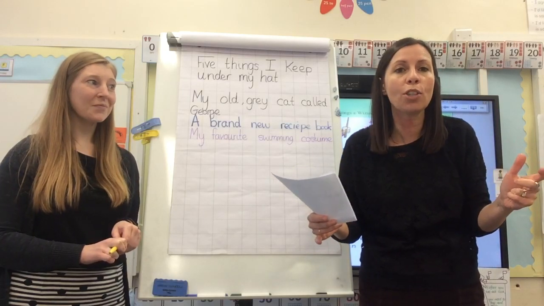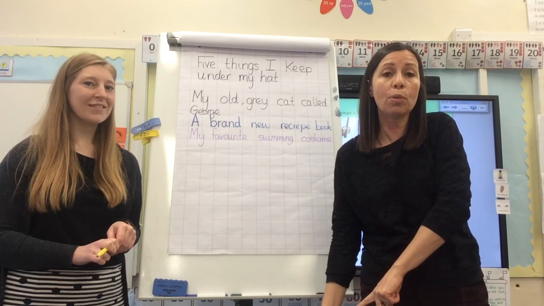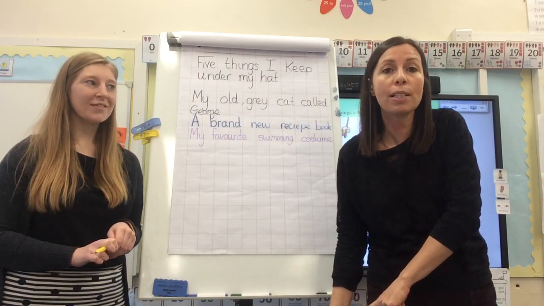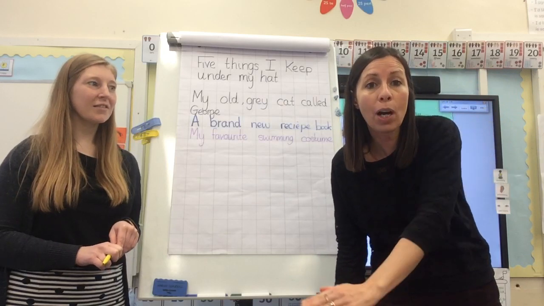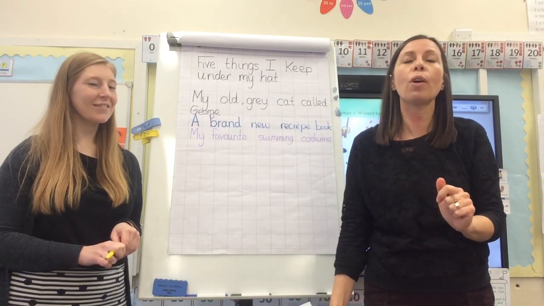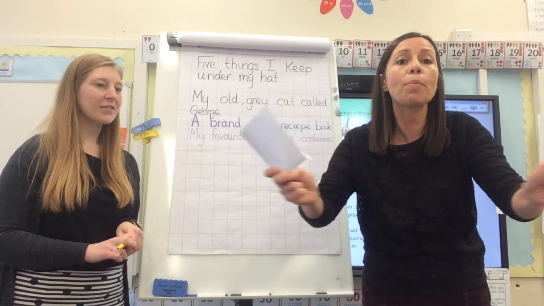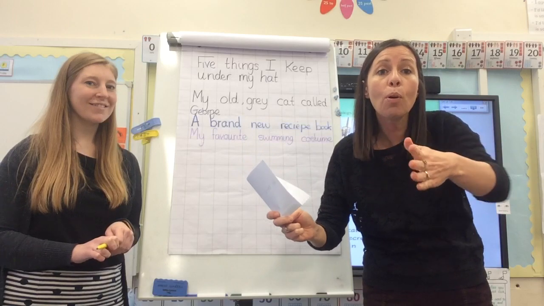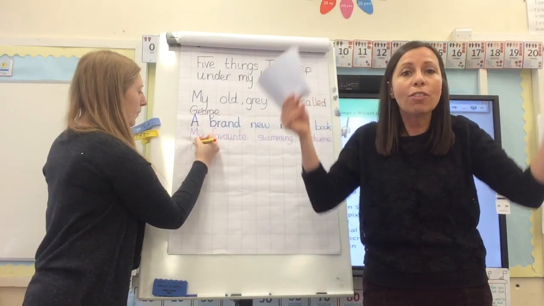Now, if you don't know, children, a portal, some stories use portals, like in Alice in Wonderland. Alice goes down the rabbit hole, and that is like a portal to a secret world. Or in The Lion, the Witch and the Wardrobe, they go through the wardrobe, and the wardrobe acts as a portal to a secret world. It's like an opening into a secret world.